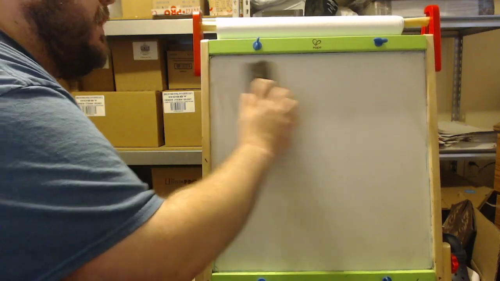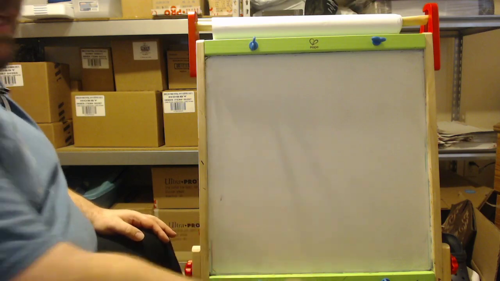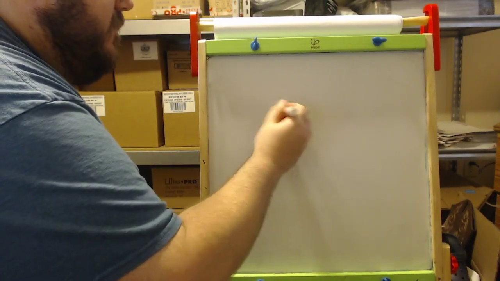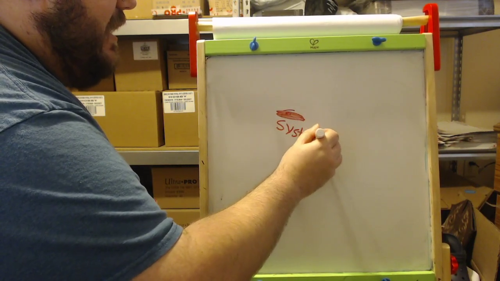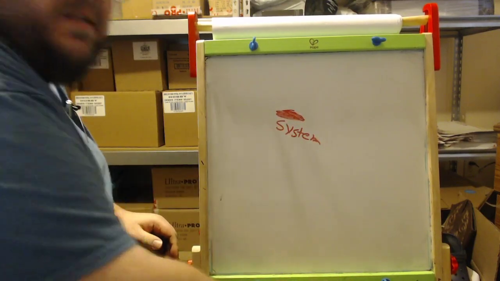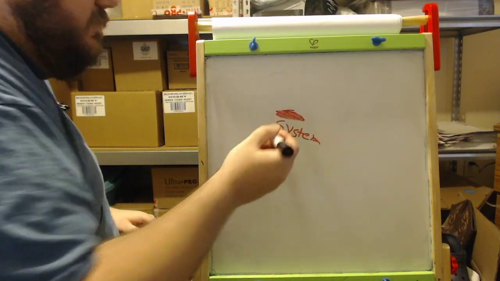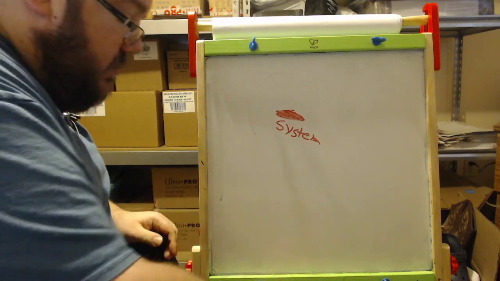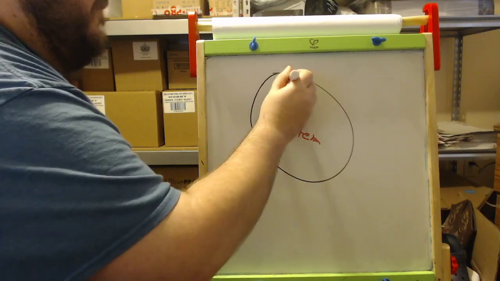So, when we're looking at heat flow, it's important to designate two parts. I have the system, which is anything that I am concerned about losing and gaining heat or energy. And I also have the surroundings.